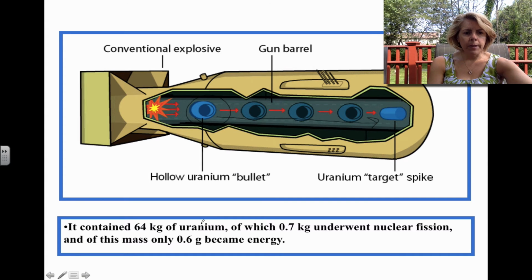So in the bomb that they had, we're talking about 64 kilograms of uranium. Only 0.7 underwent fission, and an even tinier amount became energy. But that energy is just so exponential when you think about it.